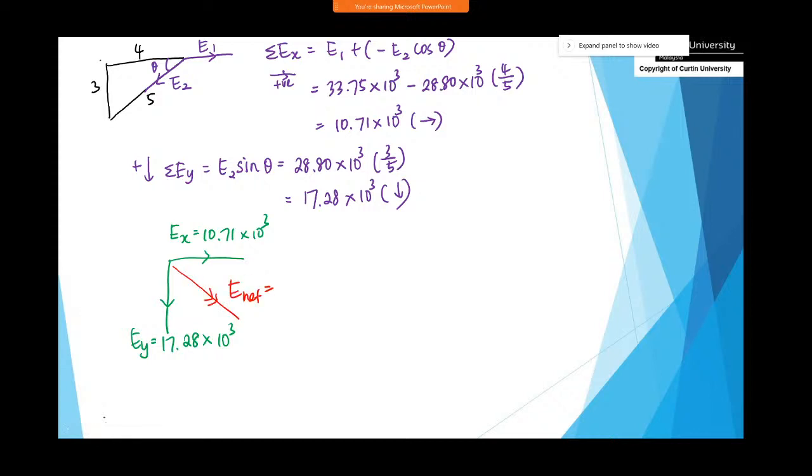So how to find the net field? Use Pythagoras theorem. Unit Newton per Coulomb.